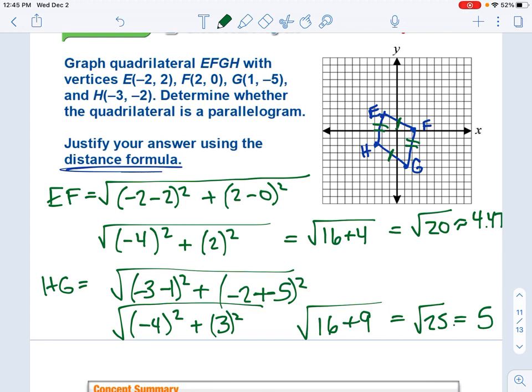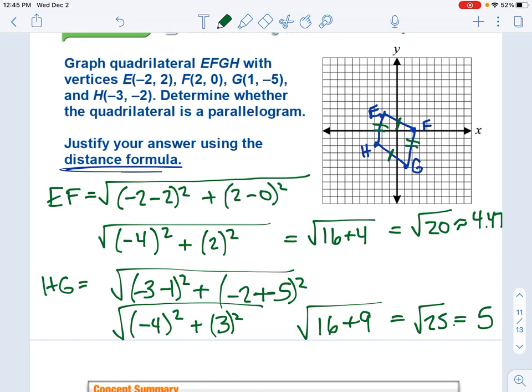If you also look at your slope for these just by the picture, make sure you graphed it correctly first of all. This is not the same slope either. It is different slopes and different distances. We don't even really have to check the EH and FG distances.